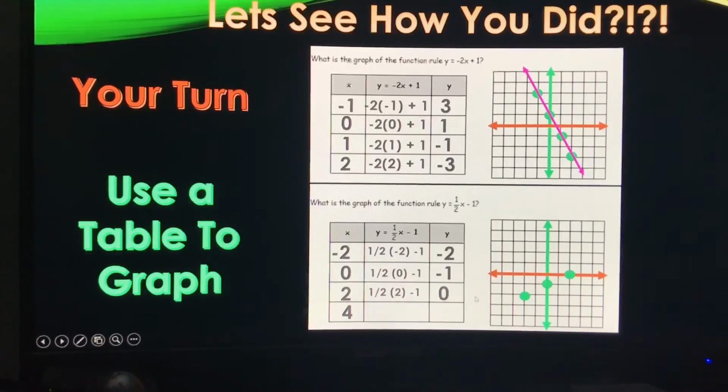And then with an input of 4, I'm going to end up with 1. So if you take a look, my line, my points, and remember each of these points is a solution to this machine, to this equation. It's an ordered pair that makes the equation true. When I connect them, I now have my straight line, and it's going up in a positive direction.